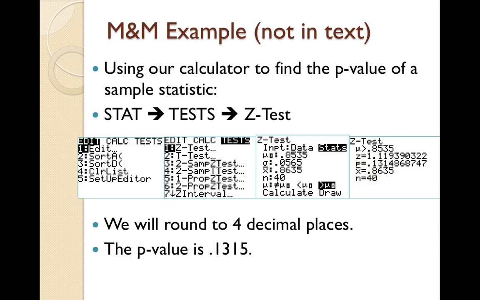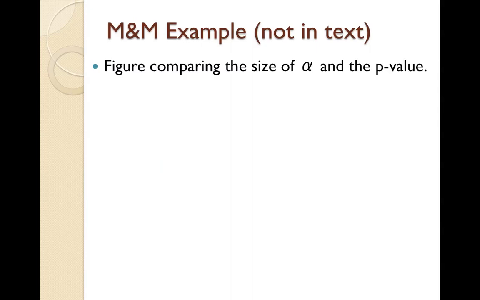This is the area to the right of the test statistic, 0.8535. Oh, I'm sorry. The sample statistic is 0.8635. So 0.1315 is the area to the right of 0.8635.